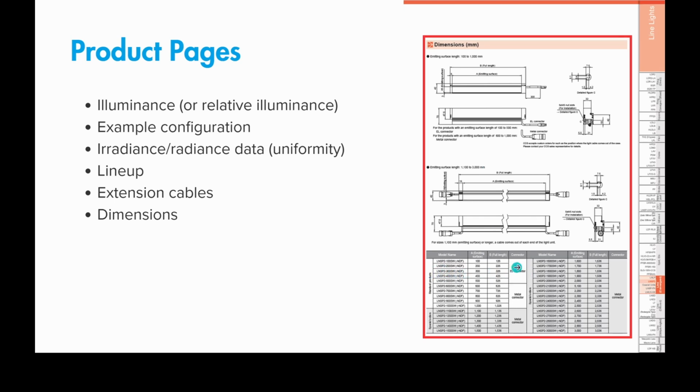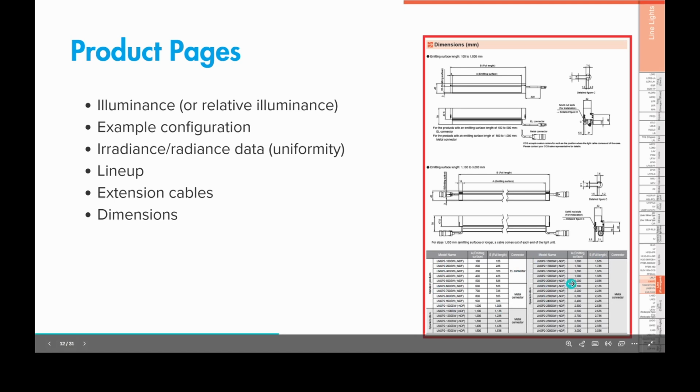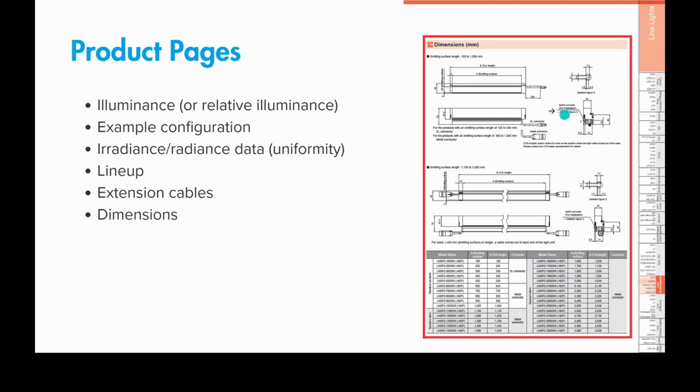And then it tells you the connector, and this is the standard. This is a little bit longer lights. The rest of it is going to be consistent. So the width and everything like that, the connector type, all of that is consistent. So we just pay attention to the emitting surface and the overall length. That's the difference that changes. So all of the dimensions for all of the lights are just in this one page here.